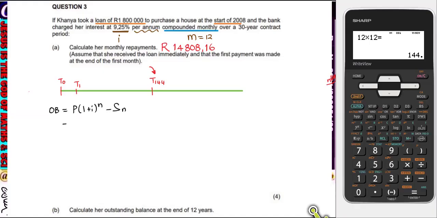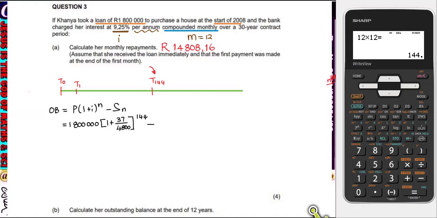So what am I going to do? First I need the loan, which was 1.8 and so on. Then open the bracket, 1 plus 37 divided by 4,800, without changing it, then close. From 0 to 144 the power is 144.